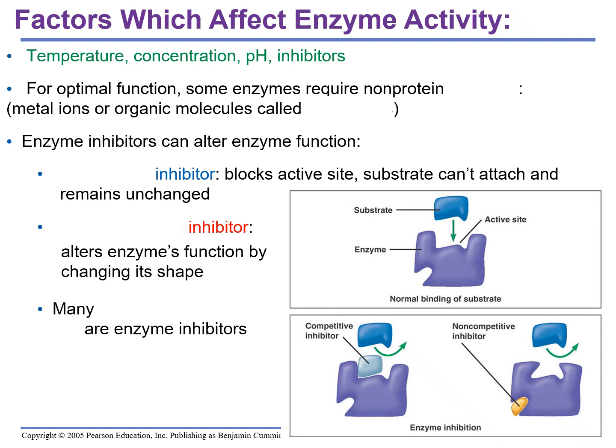For optimal function, some enzymes require non-protein cofactors. This includes a lot of vitamins. So that's why vitamins are very important. Metal ions or organic molecules, called coenzymes, often work as cofactors.